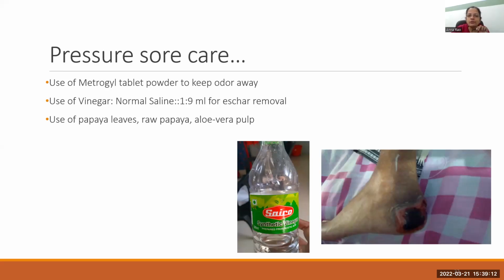We always do it with the help of petroleum jelly. It has good healing power. So apply petroleum jelly and then apply the gauze piece, preferably Vaseline gauze, so that it doesn't adhere to the skin when you are removing it on the next dressing change.